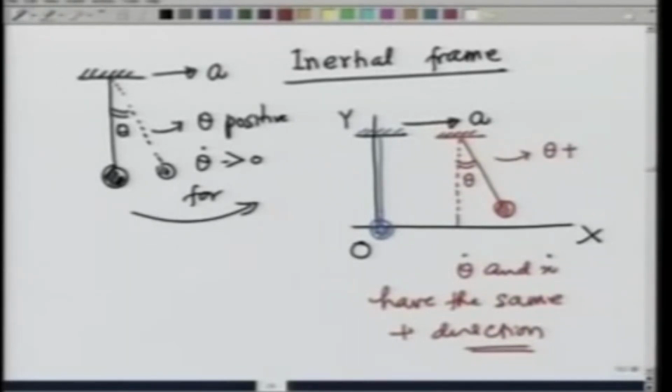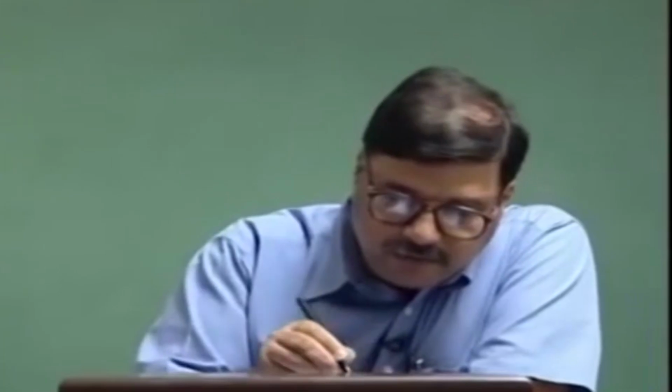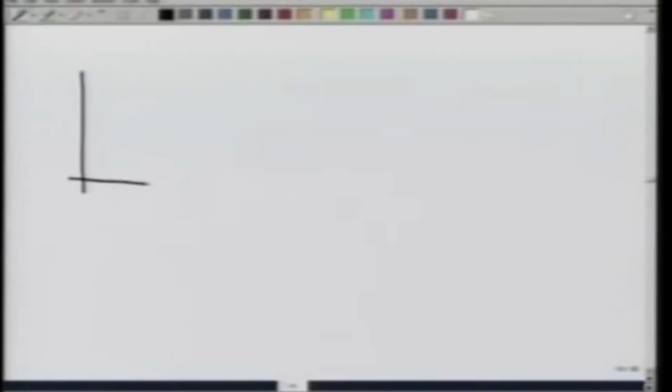Let me write for the bob position its coordinate as x b and y b, and for the support let me write x and y. So, let me make this picture once more. What we have is this frame at t equal to 0. This is the way the pendulum is, and after time t, the base has moved here, the pendulum has moved this way by an angle theta.